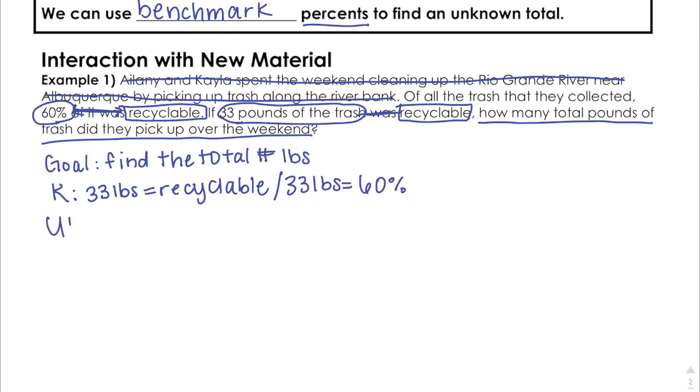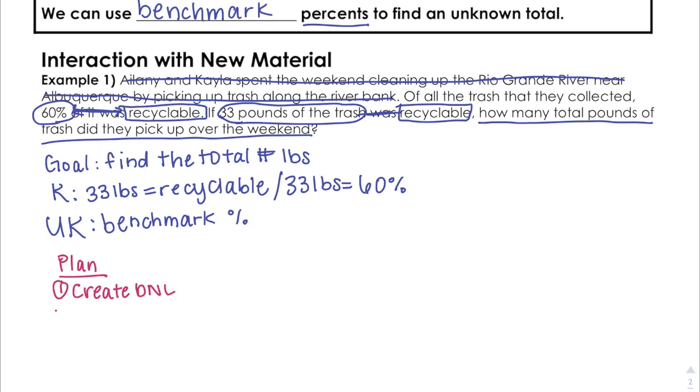As far as our unknown, what are things that we have to do in order to solve our goal? Well, the unknown is the benchmark percent. Got to figure out what we're going to easily divide 100 by in order to solve this problem. All right, so let's go ahead and make our plan. First thing I need to do is create my double number line.